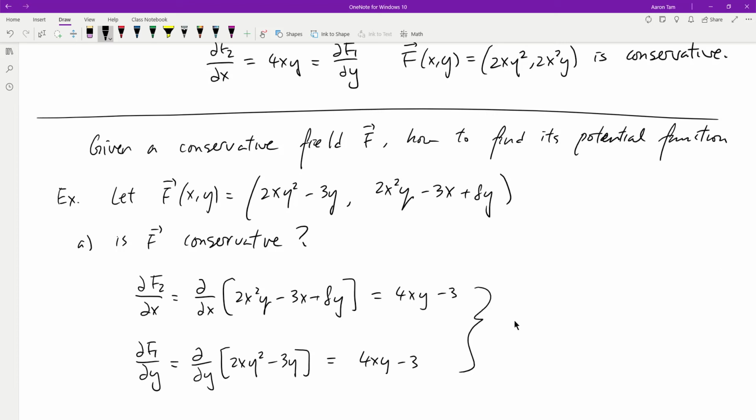So notice that these two things tell me that df2 over dx is equal to 4xy minus 3, which is equal to df1 over dy. Therefore, the consistency condition has been met, and we know that f is conservative.